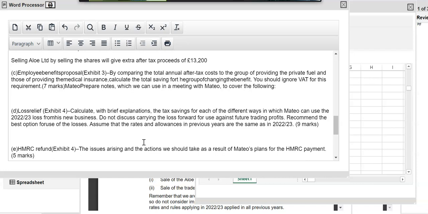So we have to make the calculation for the group of changing the benefit, yes. You should ignore VAT. Okay.